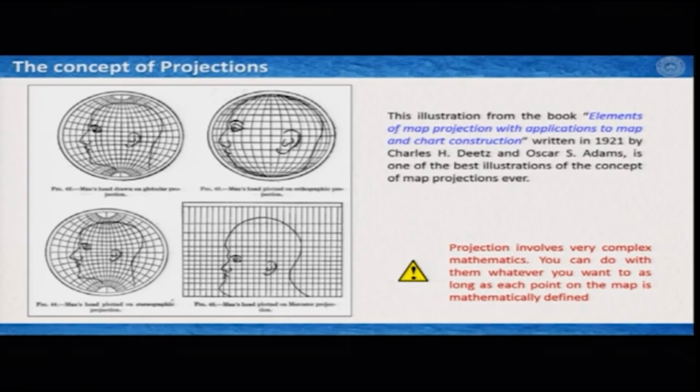This is one of the classic projections that I took from a book, and it dates back to 1921. What is important, as I said already, is that any projection operation involves extremely complex mathematics. You can do with them whatever you want, as long as each point on the map or on the object you are projecting is mathematically defined.